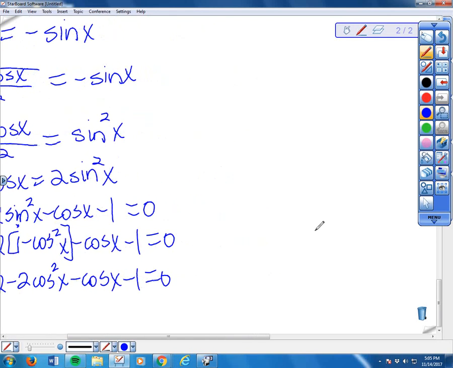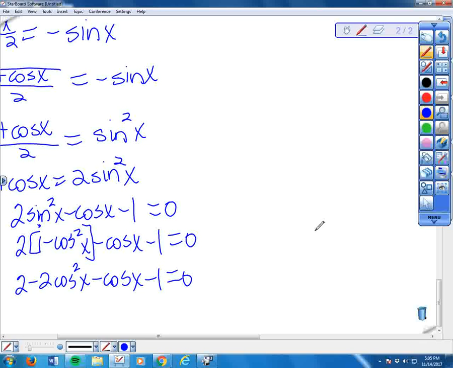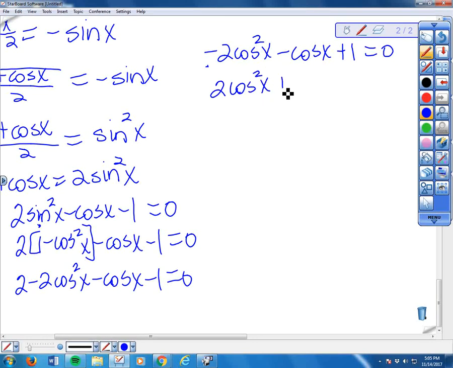I'm going to go up here since I'm running out of space below. So I get negative 2 cosine squared x minus cosine x plus 1 equals 0. I always like to have a positive leading coefficient, so I'm going to divide everything by negative 1. Now I could let u equal cosine x to help me make sense of this.